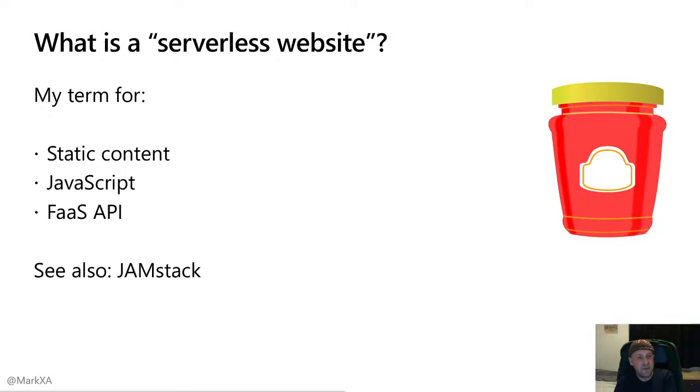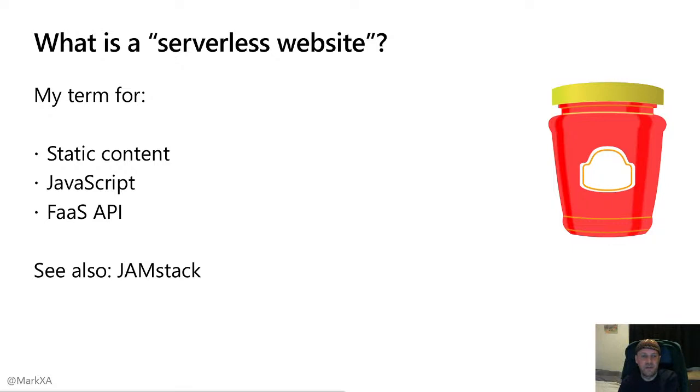The difference here is that, rather than just being completely static, you have some amount of JavaScript going on at the client side. What the JavaScript does, of course, is call off to an API to do the actual work that a traditional server would have done rendering the HTML content.